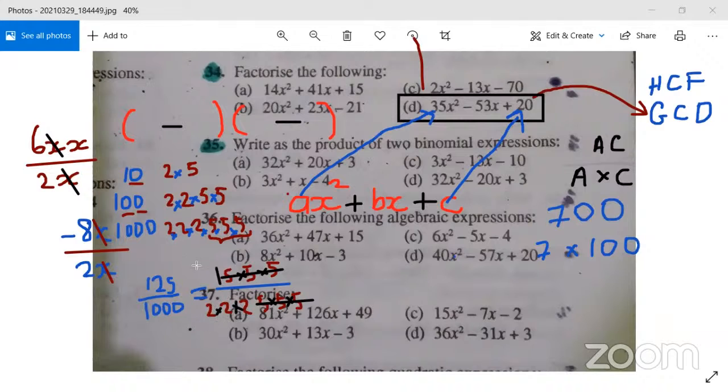So therefore, 125 over 1,000 is always going to be 1 over 8, right? So it's pretty useful to remember this over here, and this over here, right?